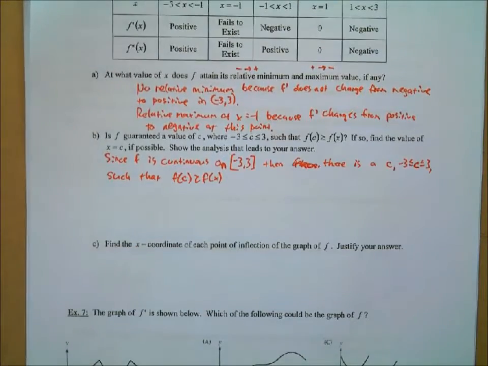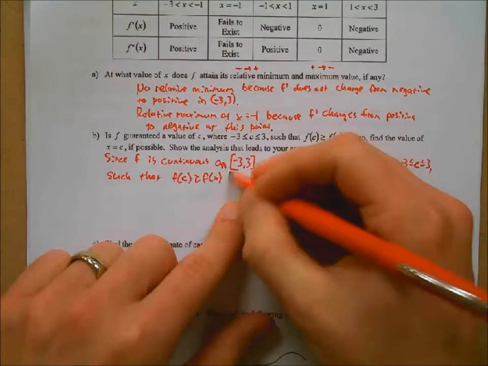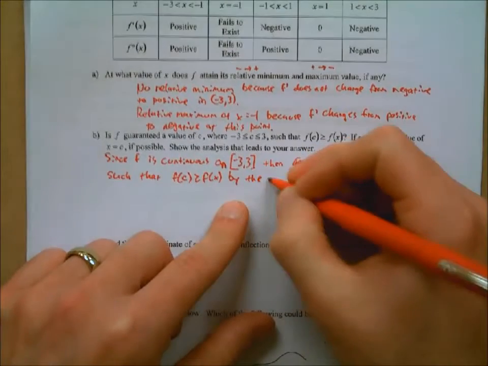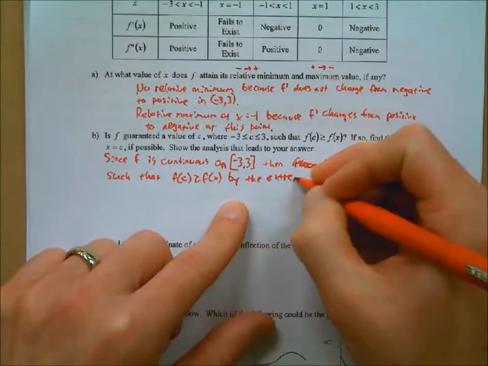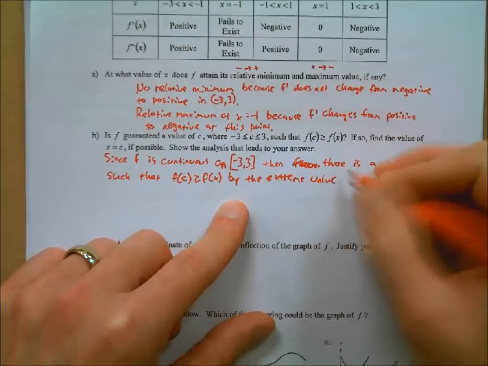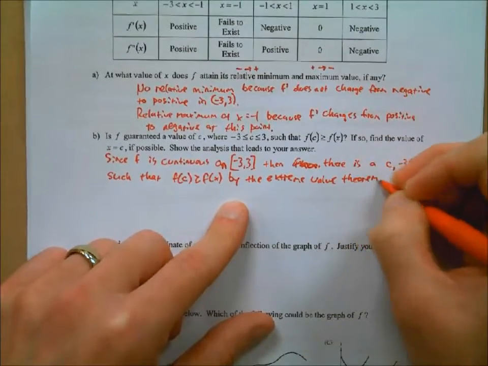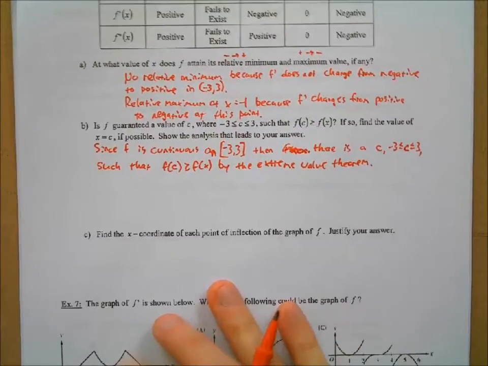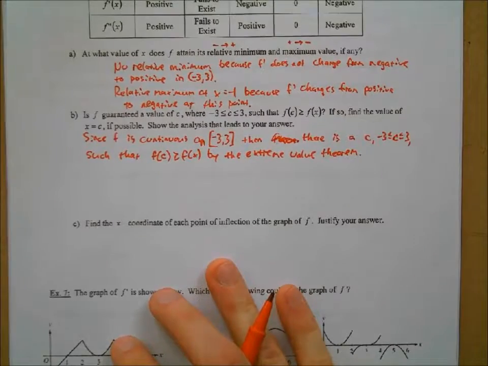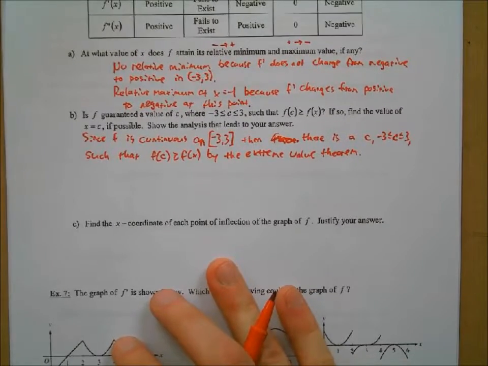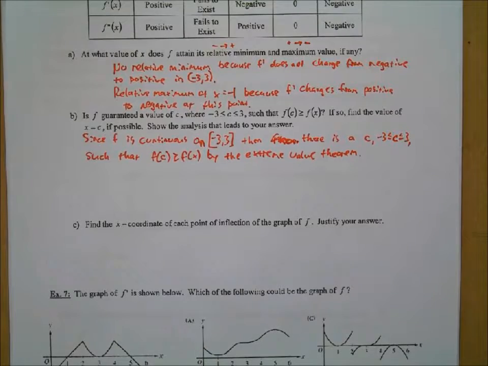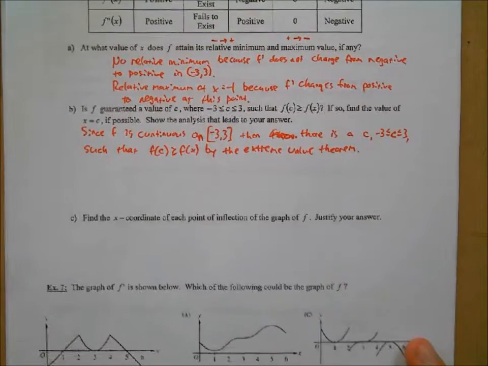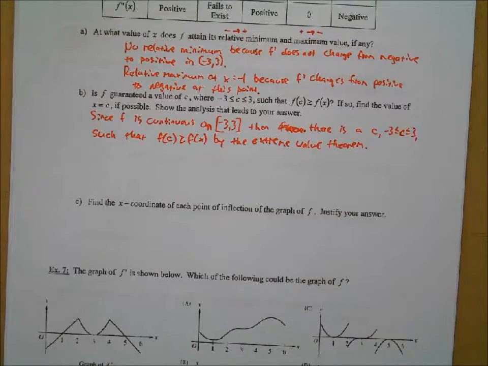If you want to name drop by the extreme value theorem, okay? You don't need to name drop it. If you show that the conditions are met and then you give the conclusion of the extreme value theorem, you don't need to then give it more significance by saying by the extreme value theorem, okay? You've essentially stated the extreme value theorem without just using the words extreme value theorem, so that's okay. Okay, not necessary, but why not name drop? It's kind of fun sometimes, right?